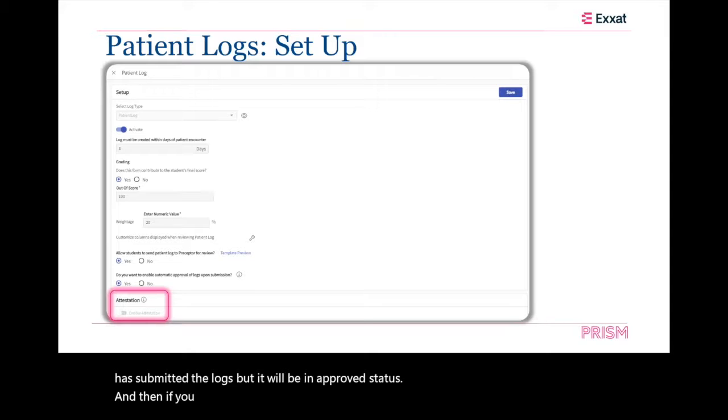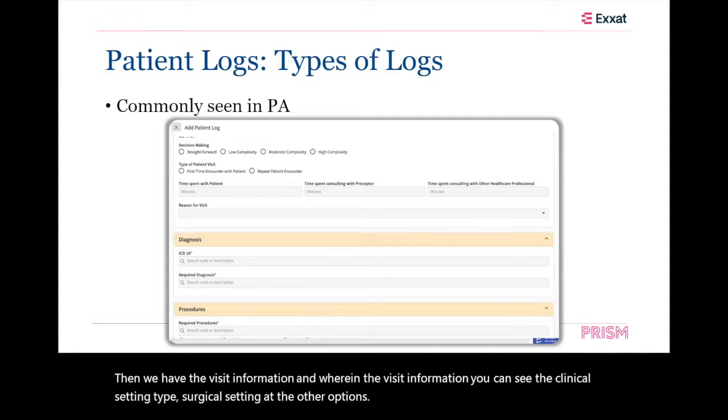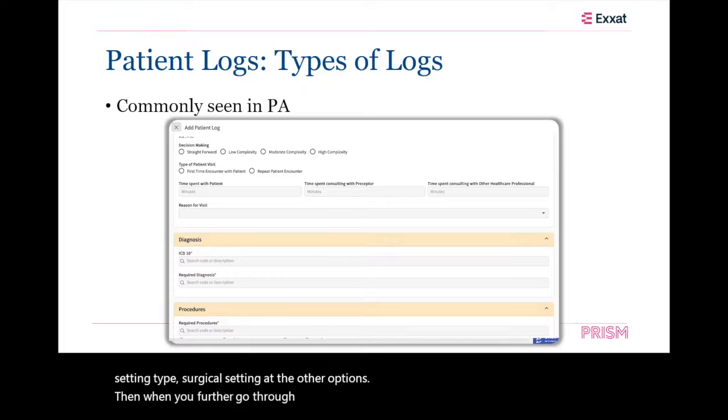Then we have the visit information, wherein you can see the clinical setting type, surgical setting, and the other options. Then when you further go through the template, you will be able to see the diagnosis, the ICD codes section, and then the procedures. And lastly, the additional encounter details, which are the medications.